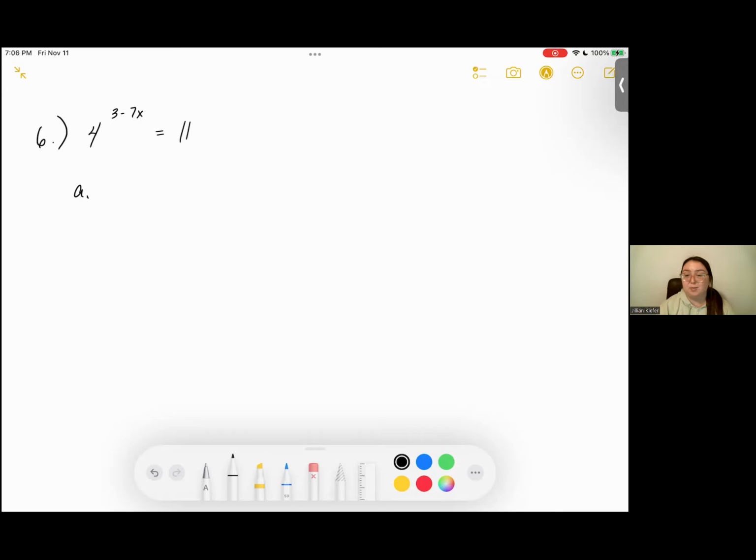So we have two options here. And we're going to do option 1 first. And option 1 is to take a logarithm of both sides, that logarithm being the common or the natural logarithm. So you'd want to take log or natural log of both sides.